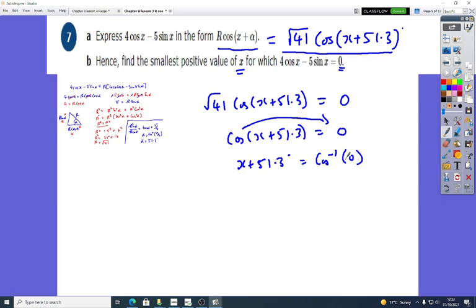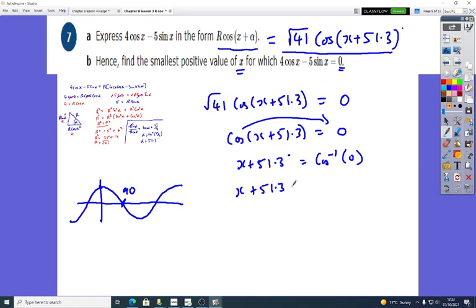Sorry, no. Yeah, so let me just draw this cos diagram. And don't forget, we can always go back, but that's where 0 is, at 90.